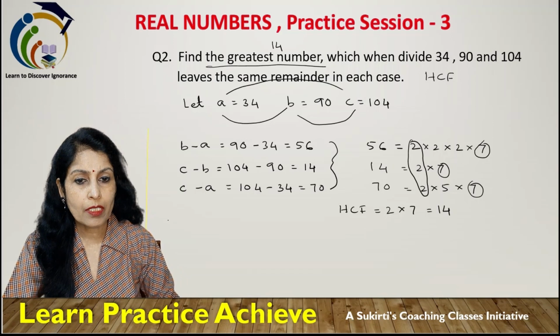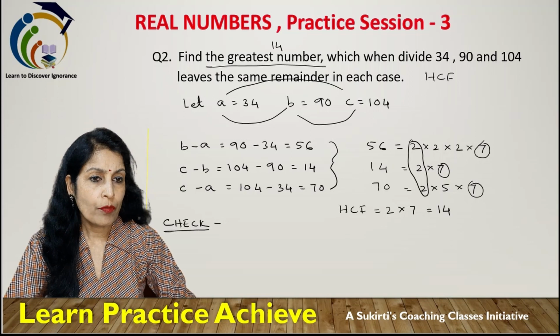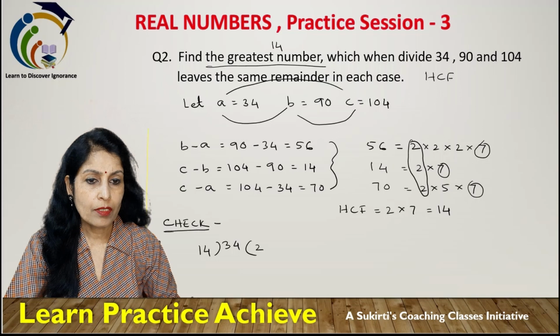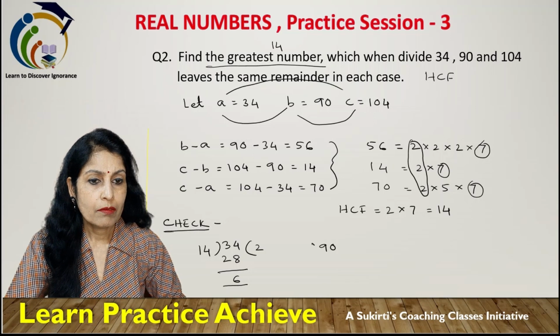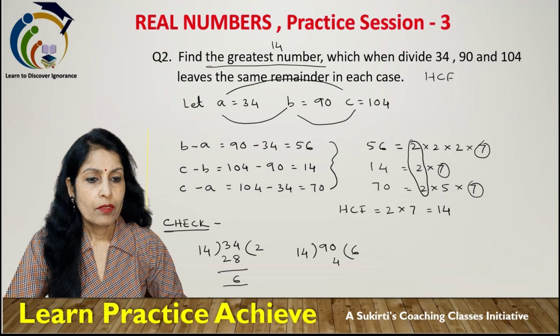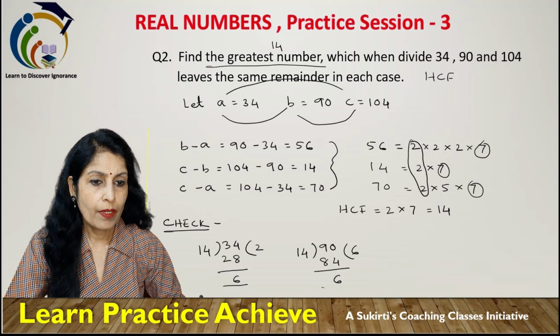Now let us check whether the same remainder is coming or not. 34 divided by 14: 14 twos are 28, remainder is 6. Now 90 divided by 14: 14 sixes are 84, again 6.